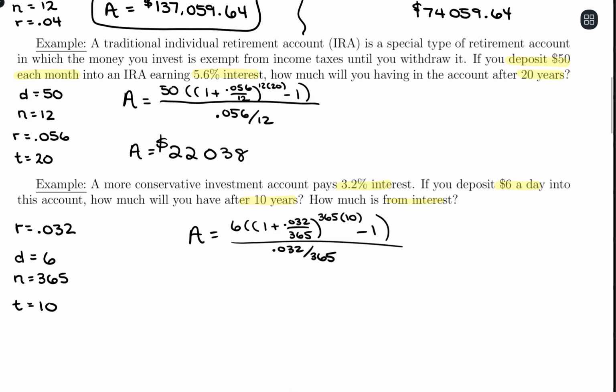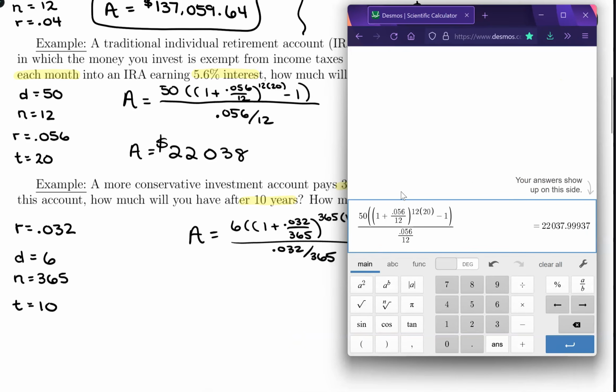Okay, let's put this in the calculator. So deposits of $6, 0.032, 365, and then up in the exponent 365 times 10 all over 0.032, 365.